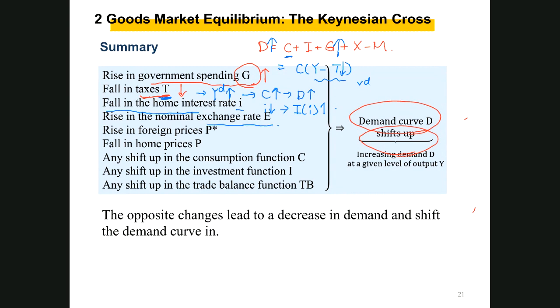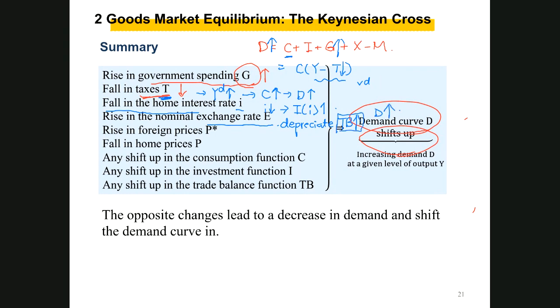Why? Raising the nominal exchange rate means the home currency depreciates. Right? So depreciation will help the export and hurt the import, so the trade balance will increase, right? Trade balance increases, the demand will increase.